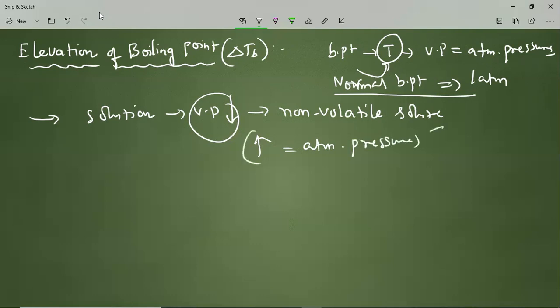That means we are increasing the vapor pressure, so definitely the temperature increases.